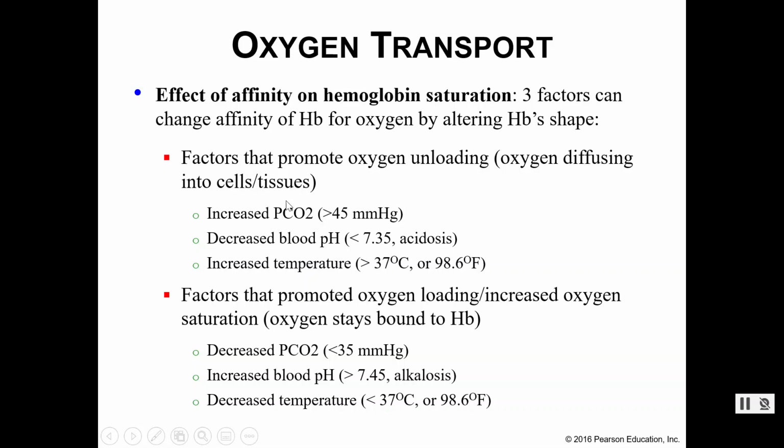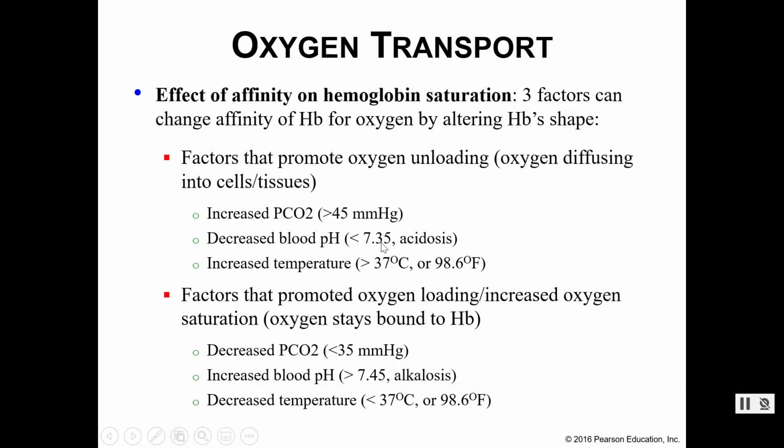Increasing CO2. So you got a lot of CO2. Do we like a lot of CO2 in our cells? No. How can we help combat that? We can do tissue gas exchange. We can get rid of that CO2 and we are going to switch it for oxygen. So we're going to take the oxygen off the hemoglobins. We're going to put it in the tissues. Decrease blood pH. All right, so our blood has gotten too acidic.